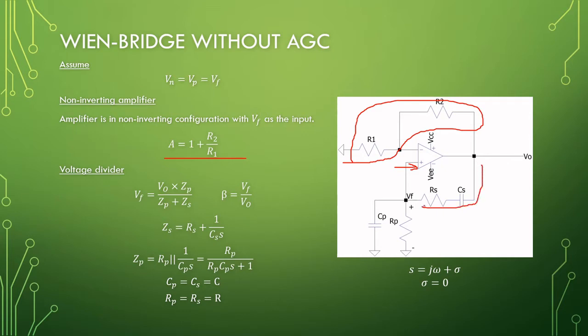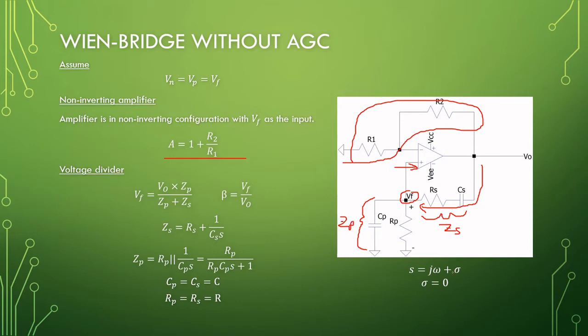Looking down here, we have voltage division happening to get to Vf. So we can define this as a series impedance and as a parallel impedance.